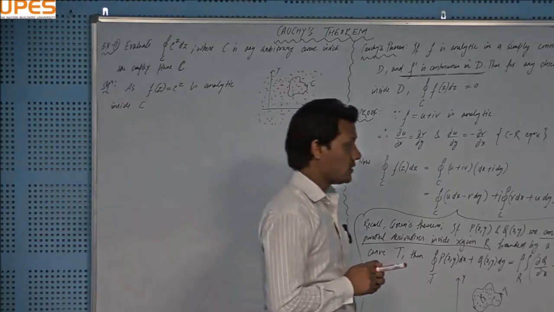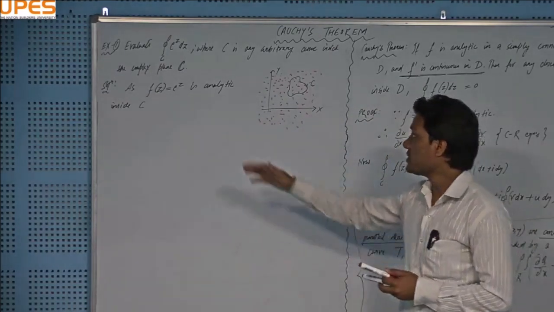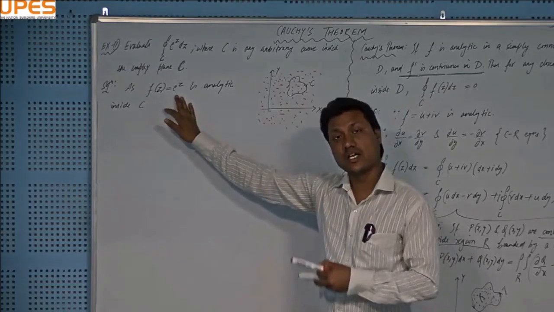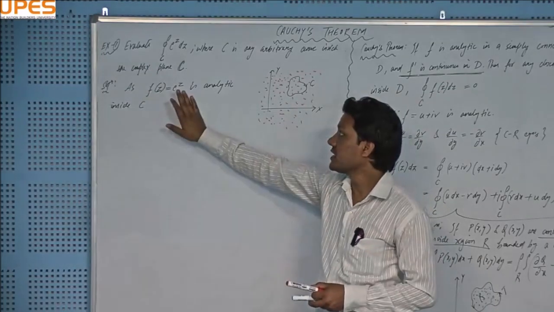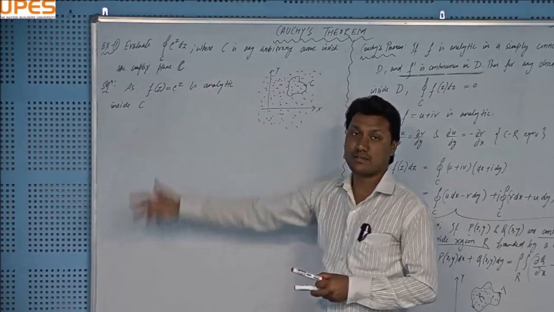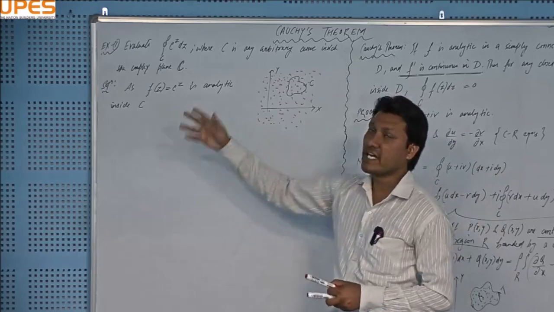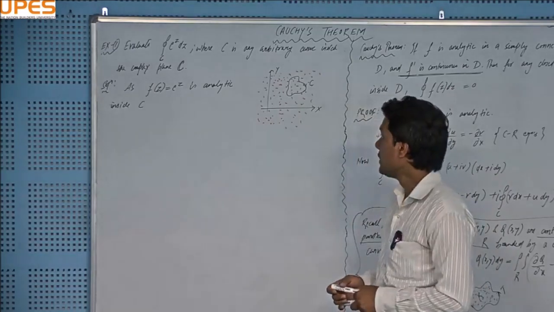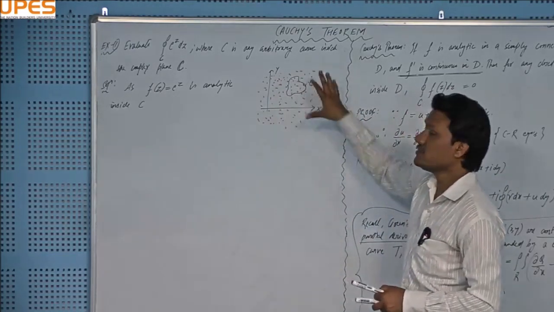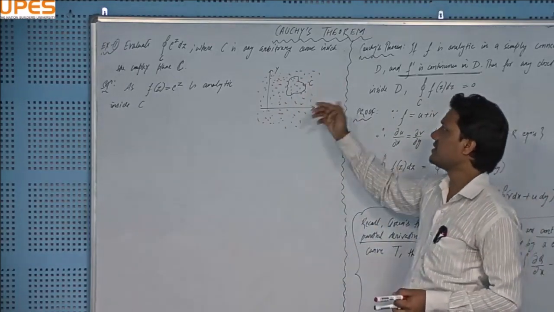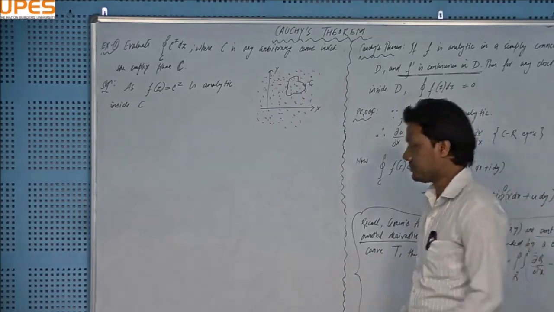It will satisfy CR equations everywhere, and it has continuous partial derivatives everywhere. So this is an analytic function, or you say an entire function, because it is analytic over the whole complex plane. So it is analytic everywhere over the red region, meaning all of the complex plane, and obviously it will be analytic inside C or within C.